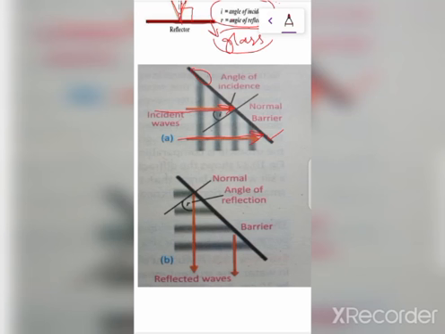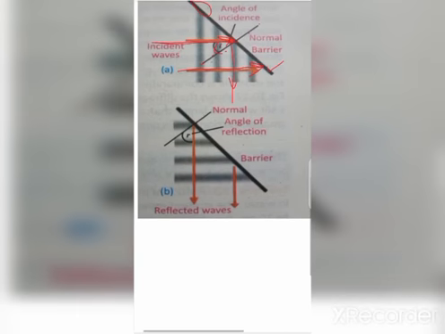Here we have drawn a normal line and the angle of incidence is represented here. Whenever a wave strikes here, it will change its direction and go back to the water. So we can say that the water waves are undergoing reflection here. Here the reflected waves are.